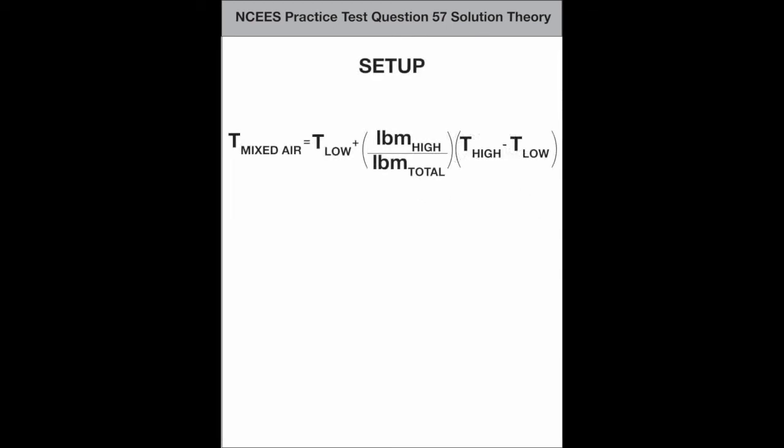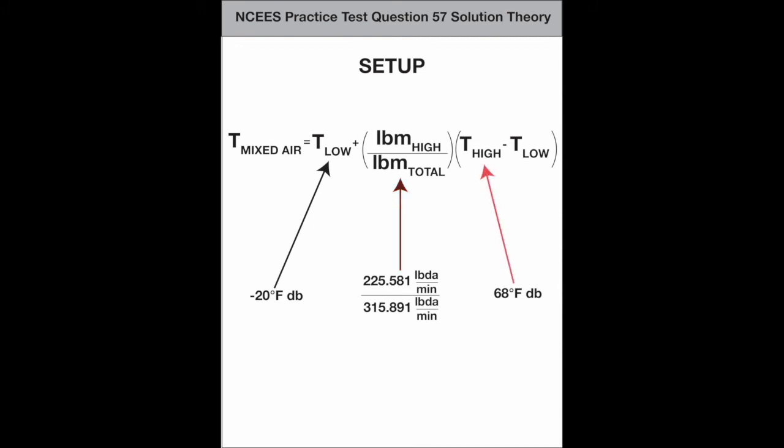Applying this to the mixed air temperature equation, negative 20 degrees plus 225.581 divided by 315.891 times 68 minus negative 20 is equal to 42.84 degrees.